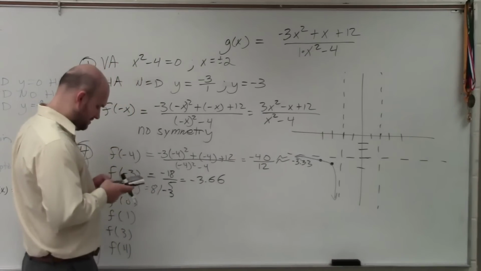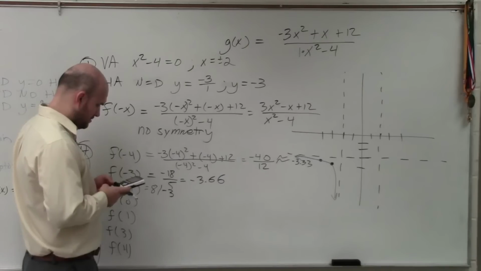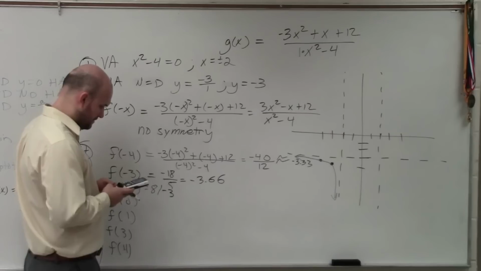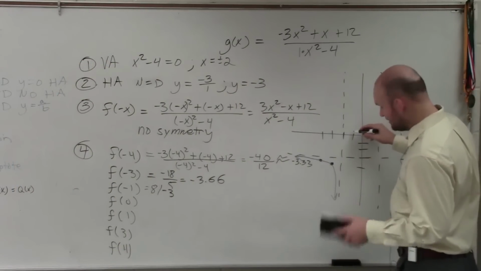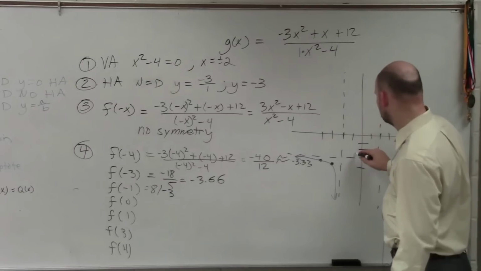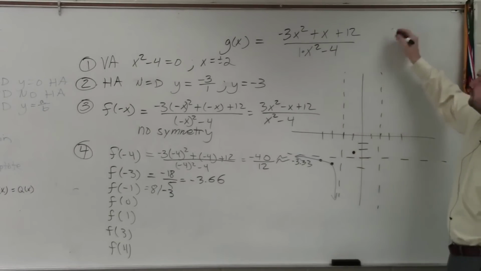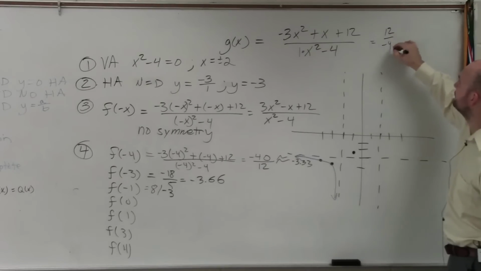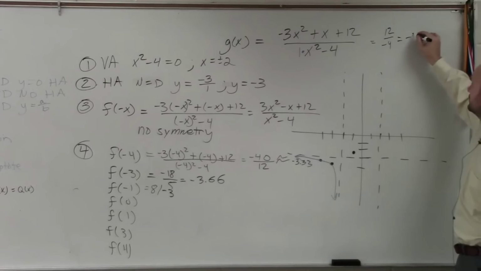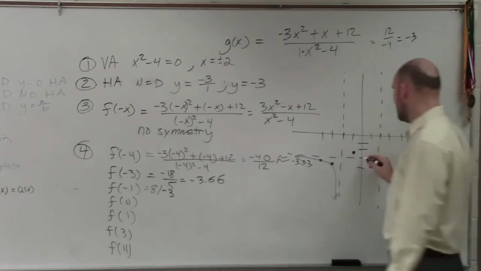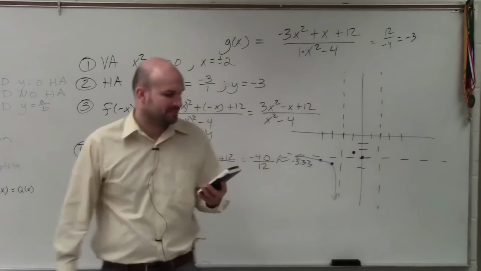So at -1, I'm at negative 2.66. Let's check what 0 is. At 0, that's going to be 12 over negative 4. So at 0, I'm actually on the asymptote, which is OK for a horizontal asymptote.